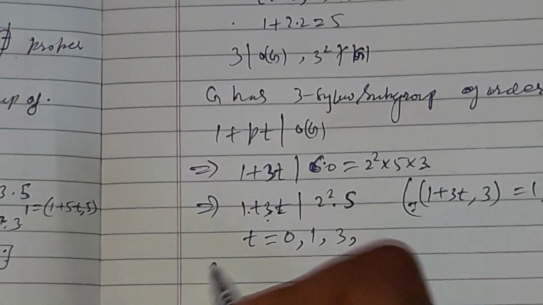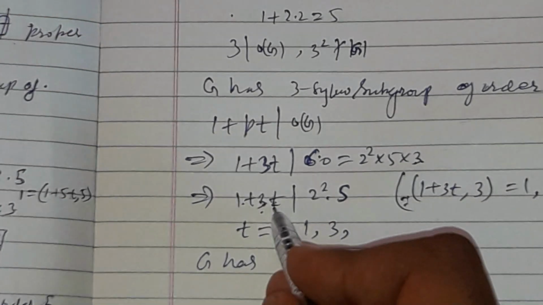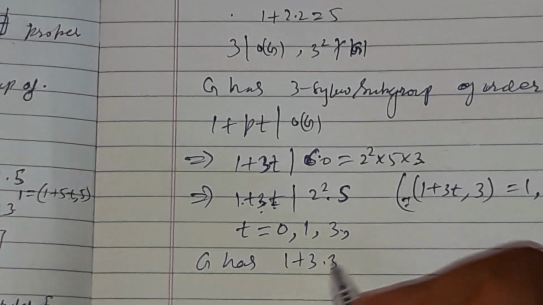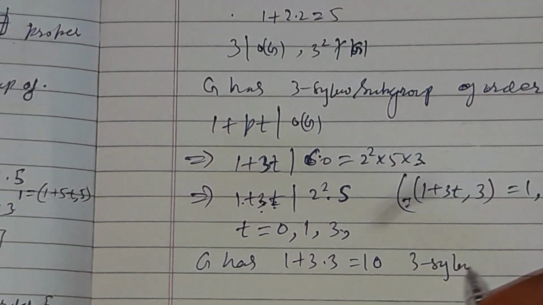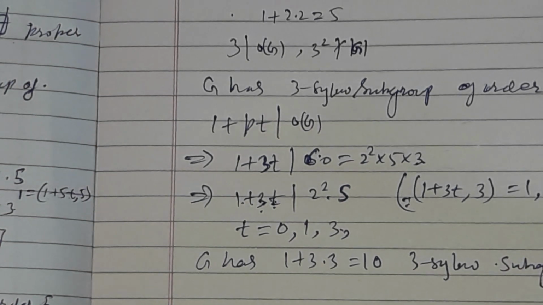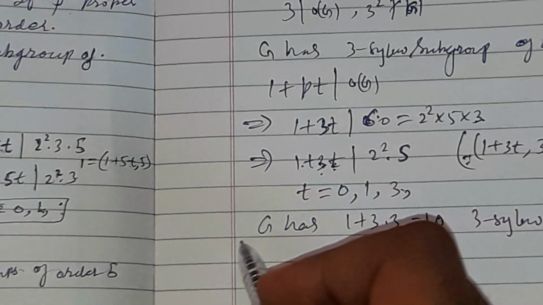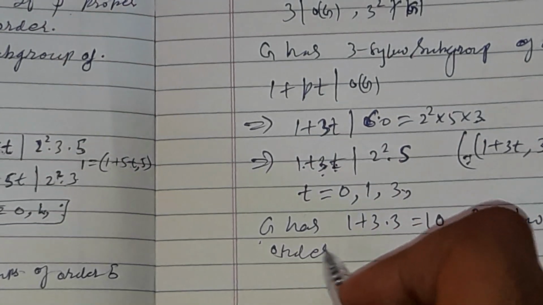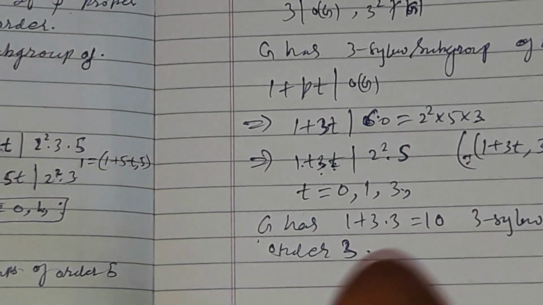So G has 10 Sylow 3-subgroups of order 3. So the second option, which says that G has 4 Sylow 3-subgroups, is false.